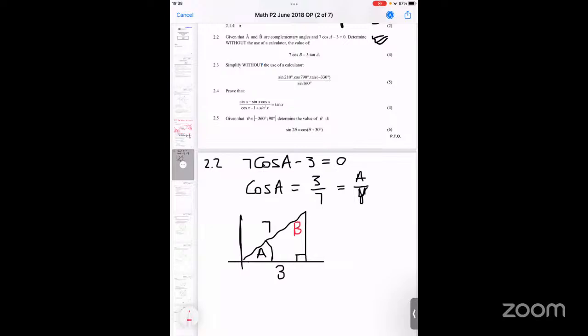Even if you just Google what complementary angles are, because the answer to that question lies in you knowing what complementary angles are. Anyone who wants to give it a try?